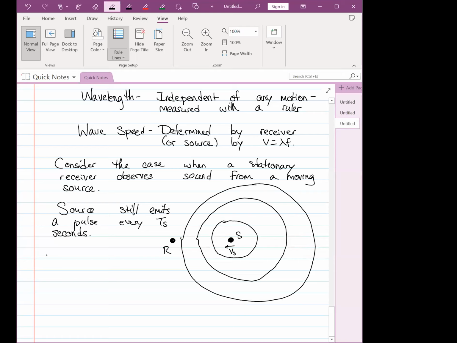The reason for this is that the wave fronts themselves just move at whatever speed. The air isn't moving, the sound waves are just moving at the speed of sound, always. And so in the time between pulses, the source has moved its speed times the duration, v sub s times t sub s.